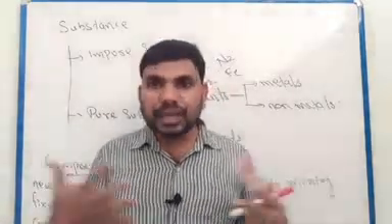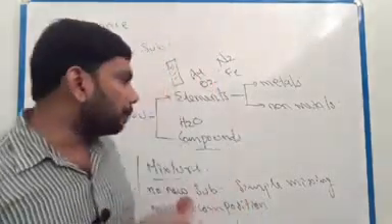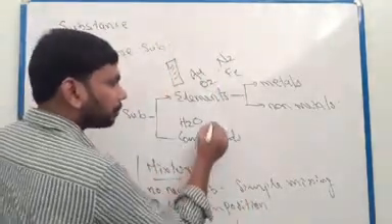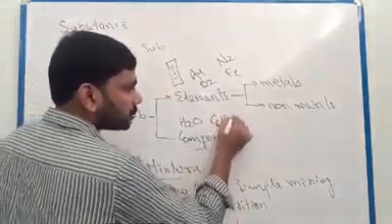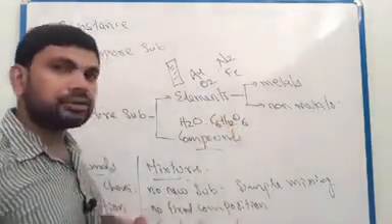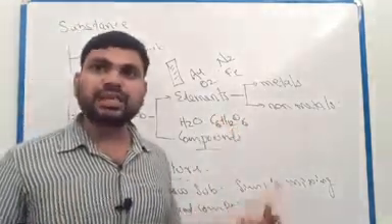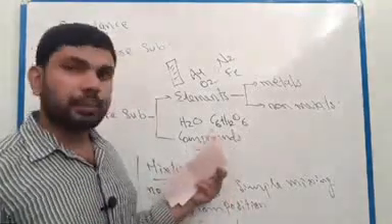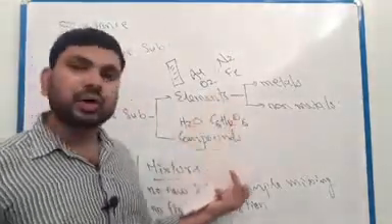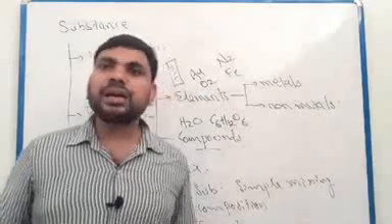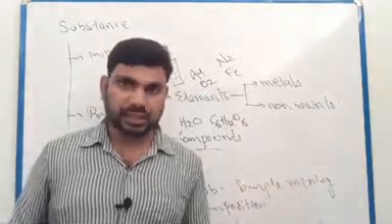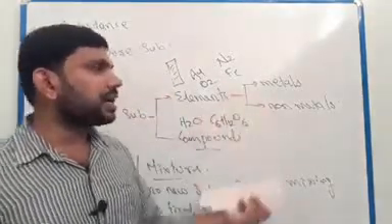H2O is a compound. Glucose, C6H12O6, has carbon, hydrogen and oxygen, different atoms chemically joined together. It is a compound. So elements and compounds are examples of pure substances. Elements we can again classify as metals and non-metals.